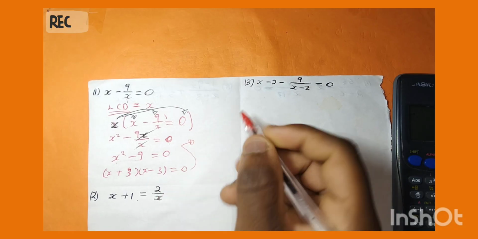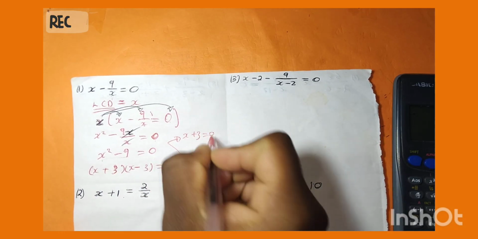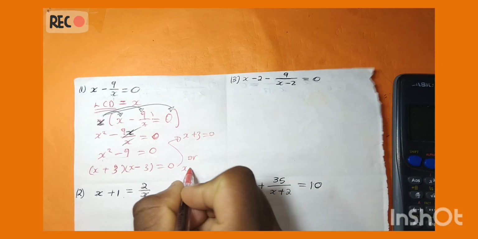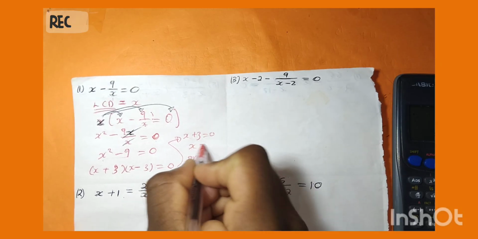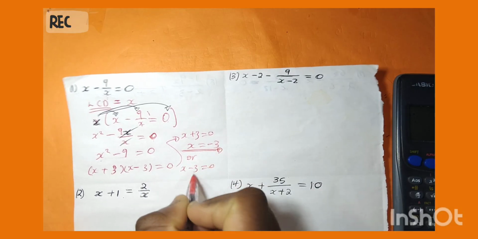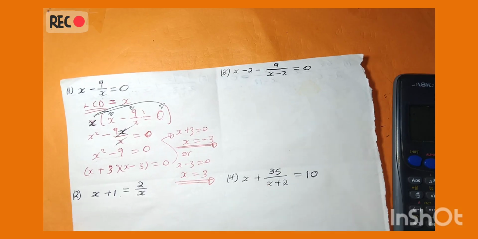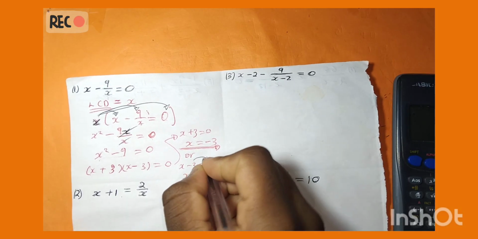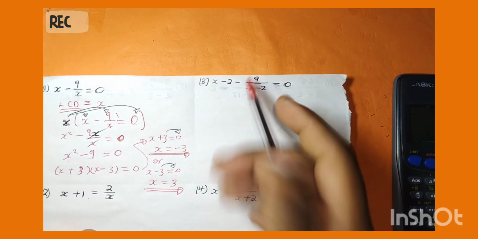Now you will just equate each factor to 0 and solve for x. The first answer will become -3. The other answer will become +3. I hope you understand what I just did there. Take this to the other side. Then what about this one?